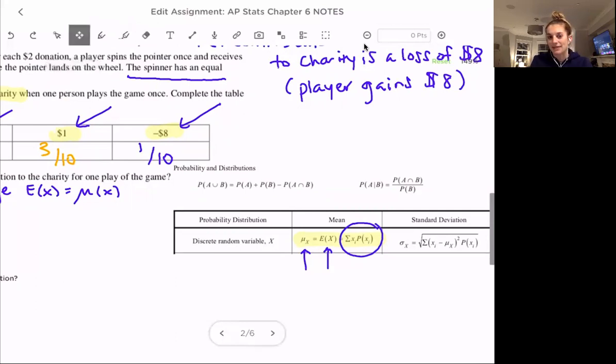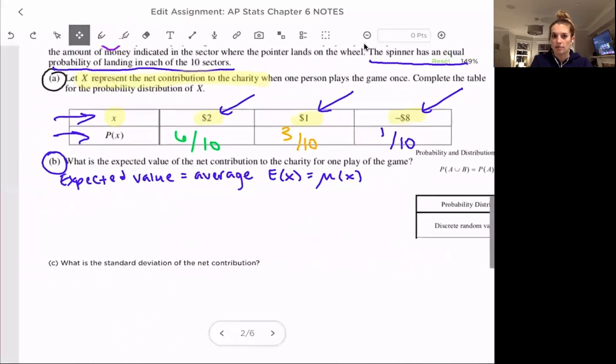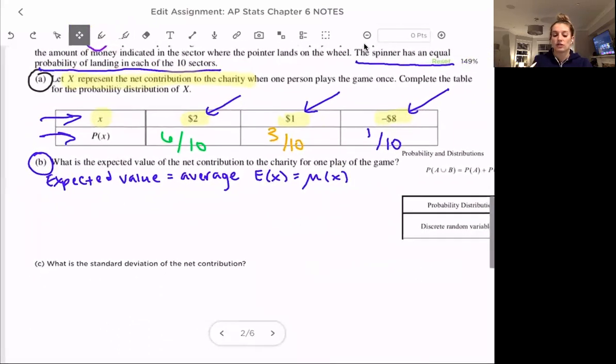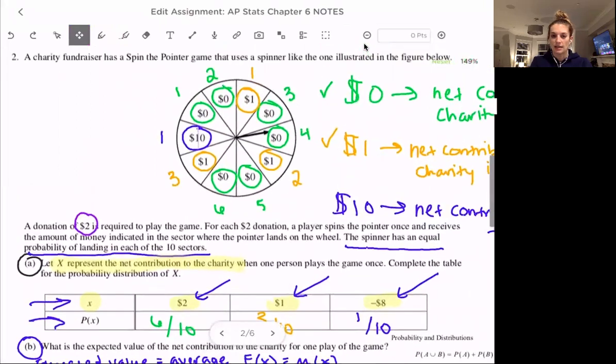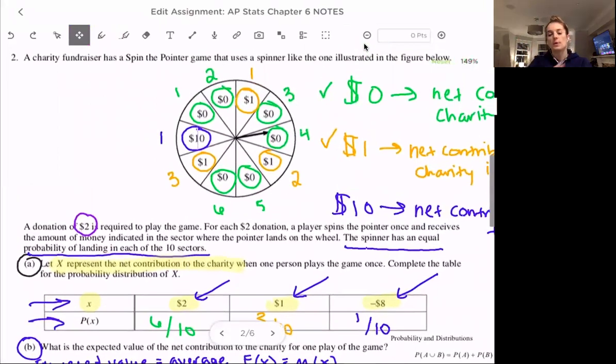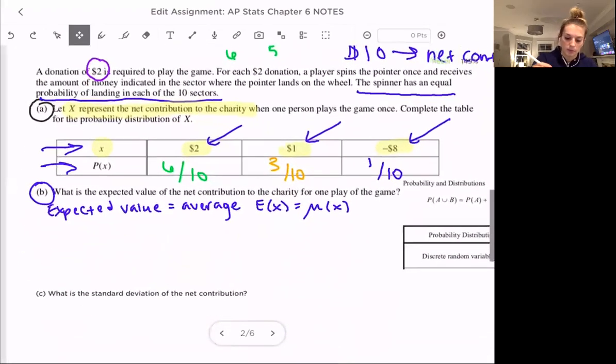Before we actually dive into what the formula means, let's pull back for a second and talk about how expected value is just an average. It's just a mean. Well, if that's the case, think back to your spinner. If we're looking to find the average of all potential outcomes of this spinner from the perspective of the net contribution of the charity, what we want to do is take all our outcomes, add them together, and divide by the number of outcomes we have.